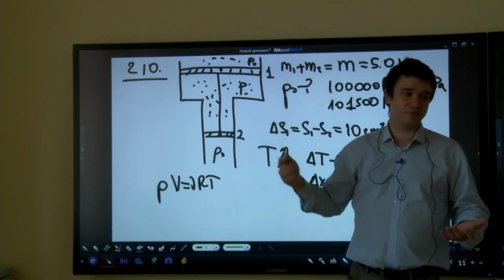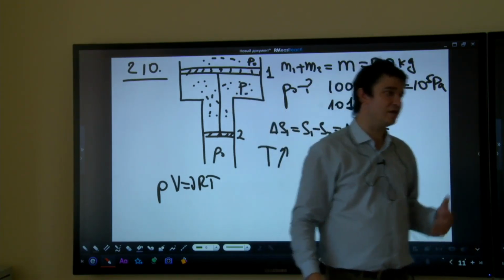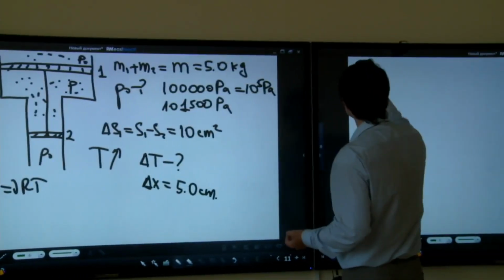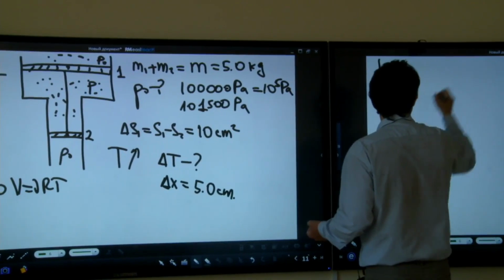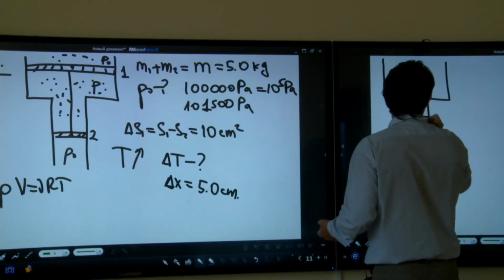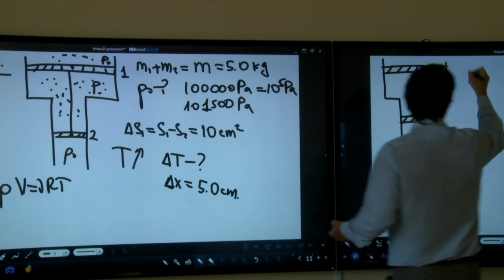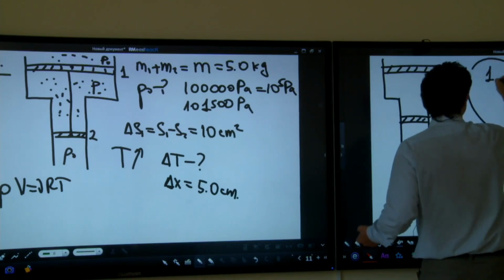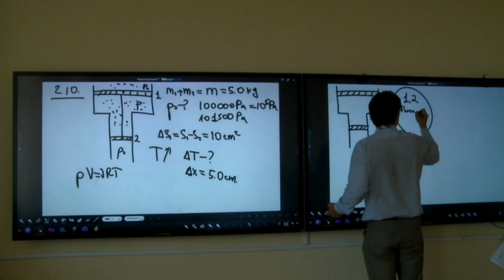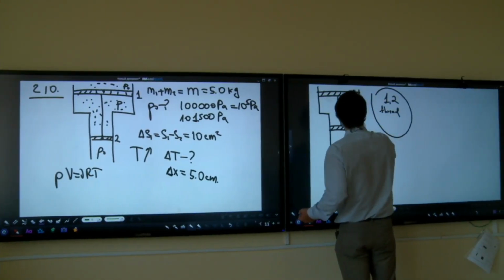And, well, that can be done, but I'm going to do this in somewhat another way, because I don't like to have too many equations. And I'm going to consider the equilibrium of the combined system. This combined system would be composed out of pistons 1 and 2, thread, and also gas in between them.